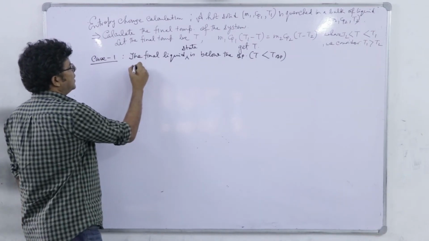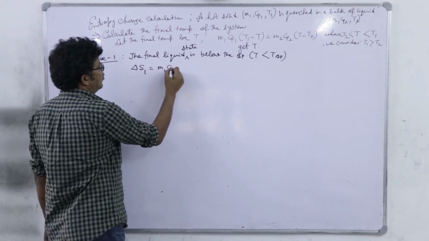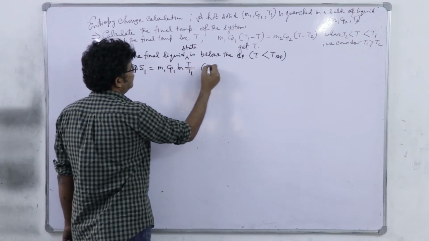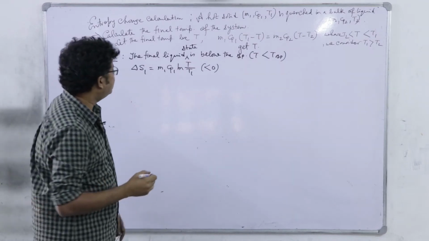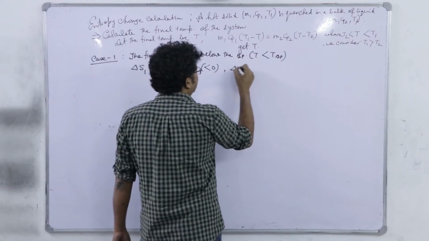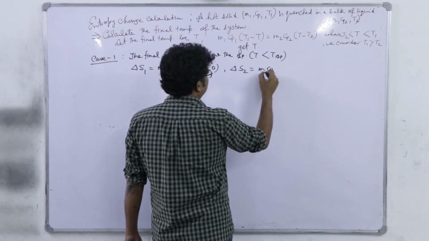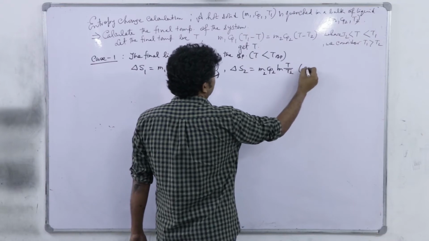So we can calculate the delta S1 for solid as m1 Cp1 ln of T divided by T1, which will be negative because T is less than T1, right? And delta S2 is m2 Cp2 ln of T by T2, and that's positive.